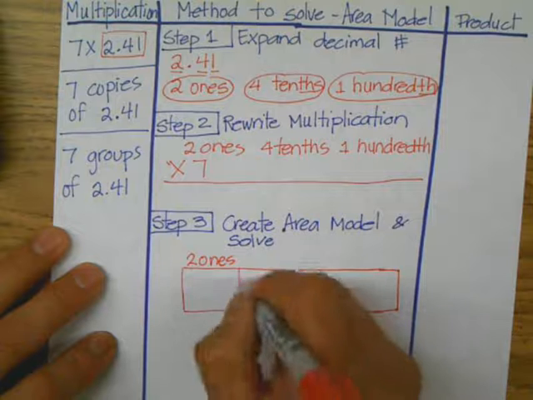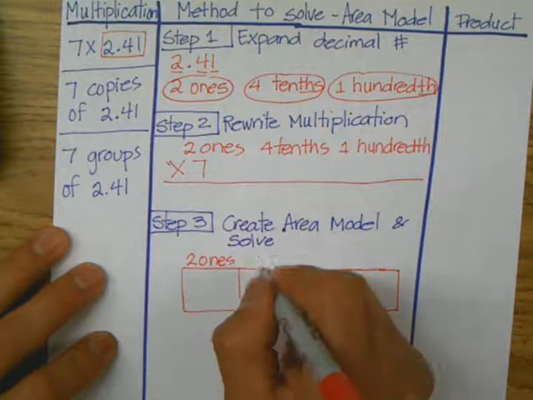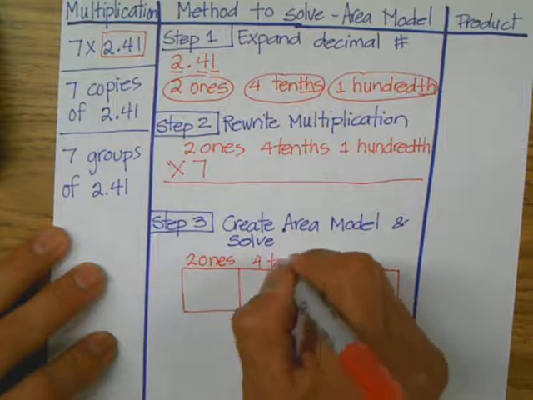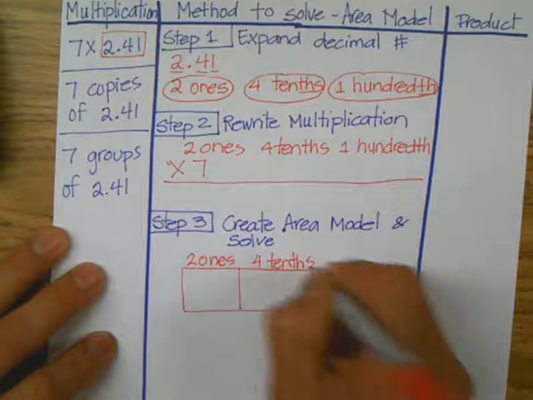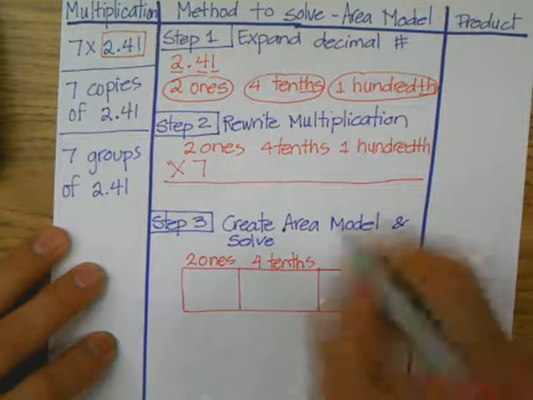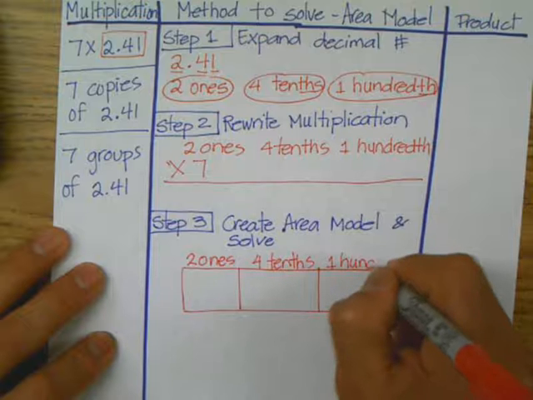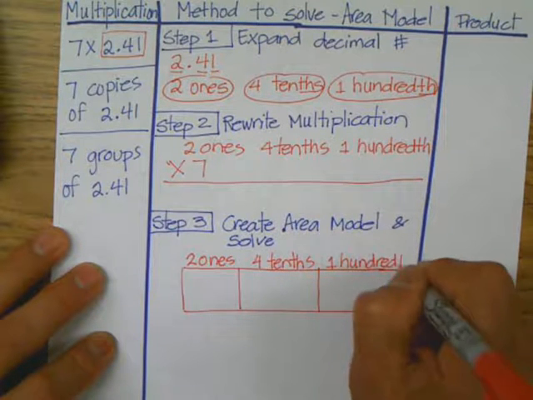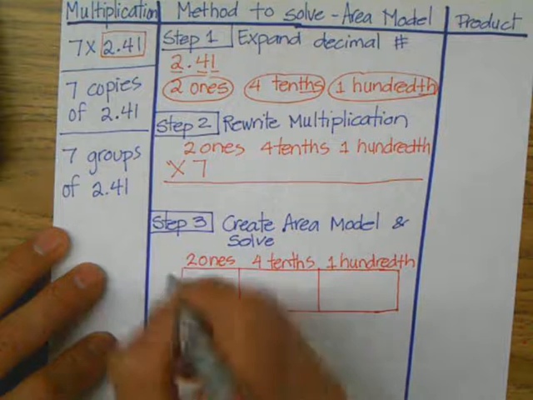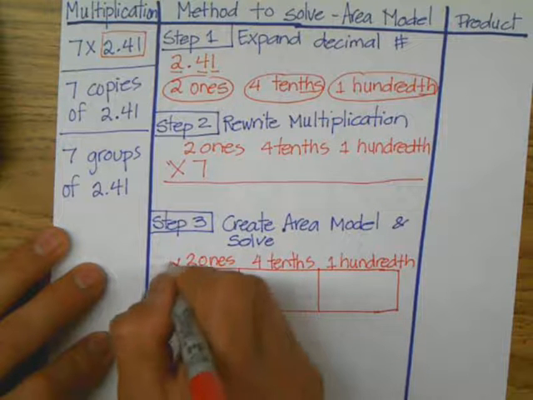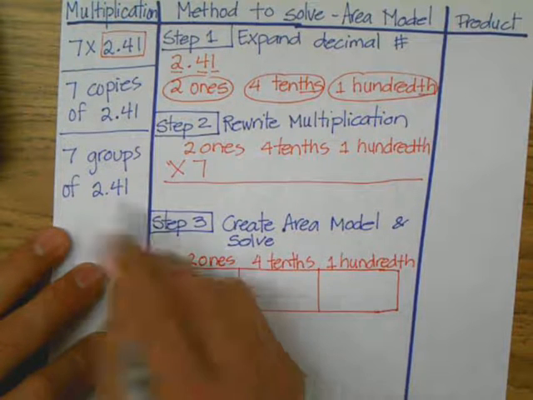The next is going to be 4 tenths. Divide that, and the last one is going to be 1 hundredth. There you have it. Now we got to multiply this by the number 7.